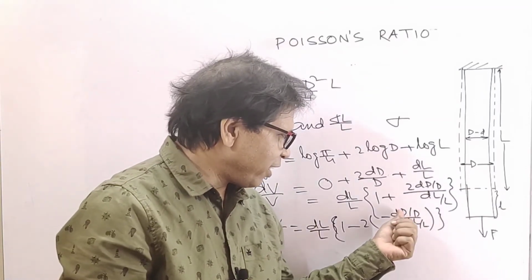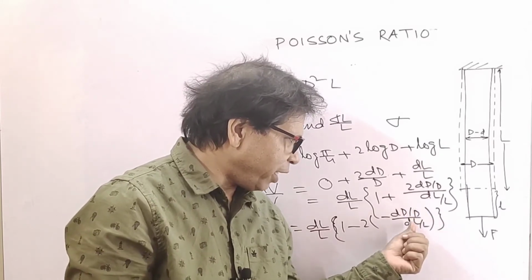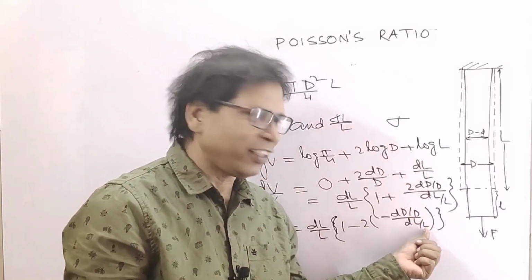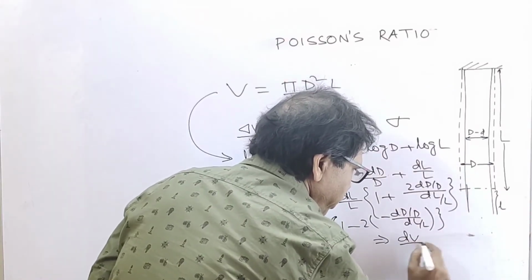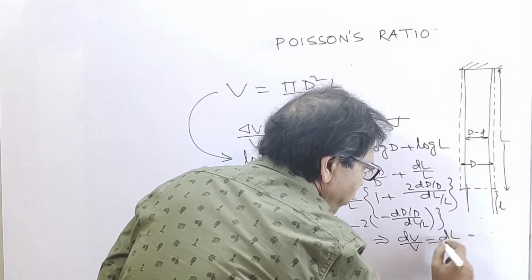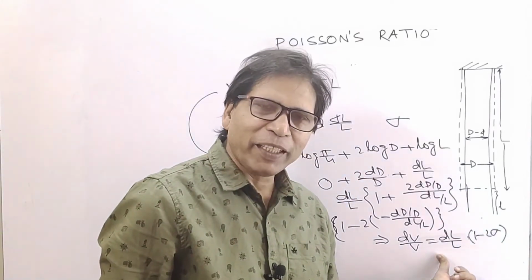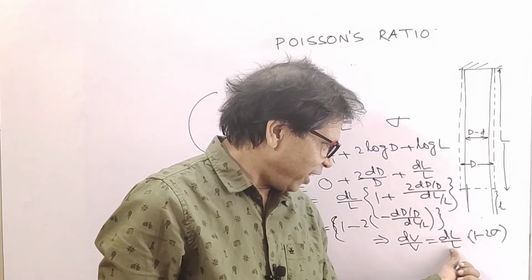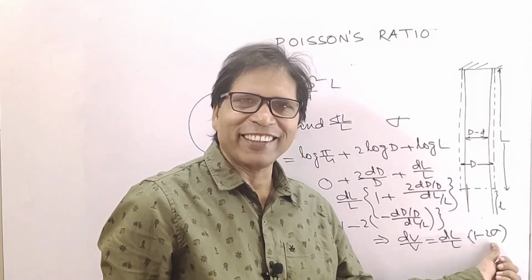So look at this, the decrease of diameter by original diameter divided by increase of length by original length. This is sigma. Therefore dV by V equals dl by L into 1 minus 2 sigma. This is the expression of longitudinal strain and volume strain in terms of Poisson ratio.